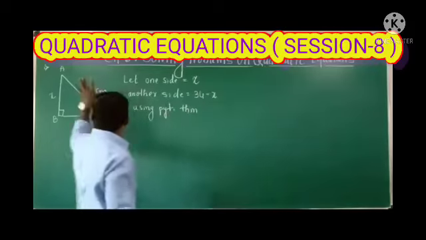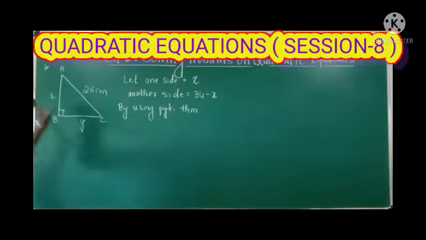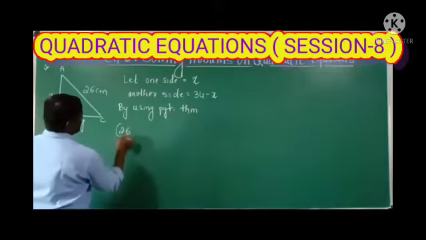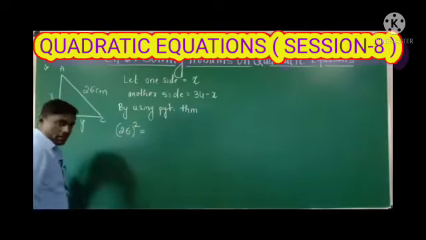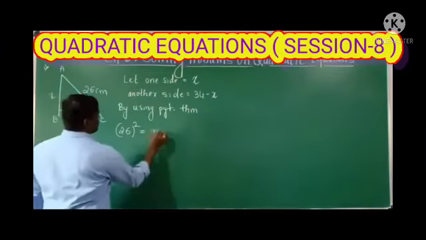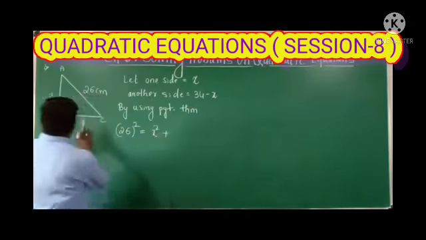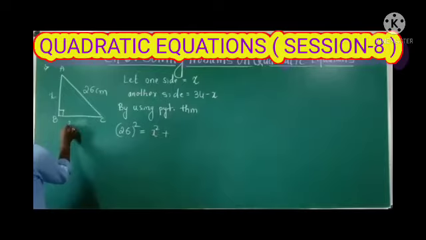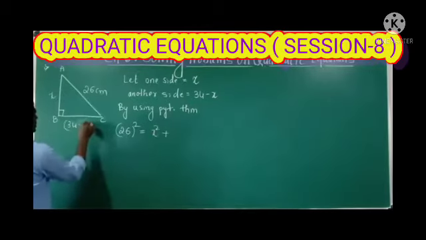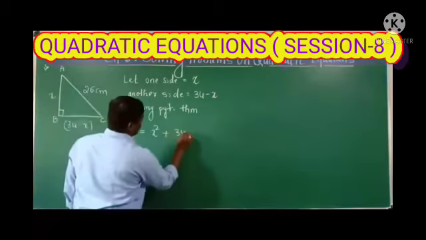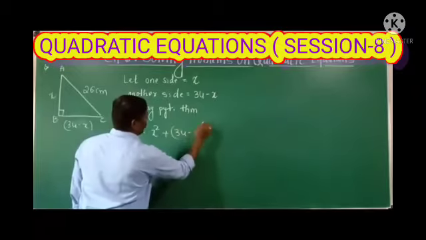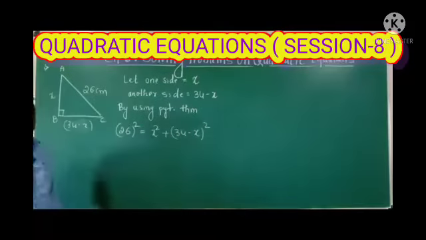It means AC square is equal to AB square plus BC square, right? So just apply the Pythagoras theorem. 26 square, hypotenuse square, is equal to X square plus the other side, 34 minus X whole square.